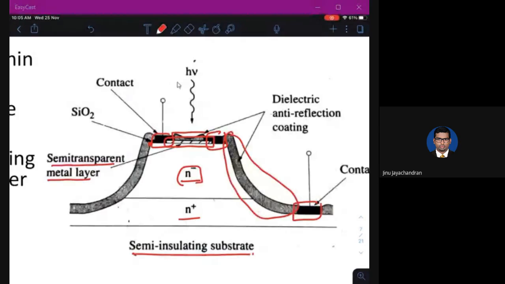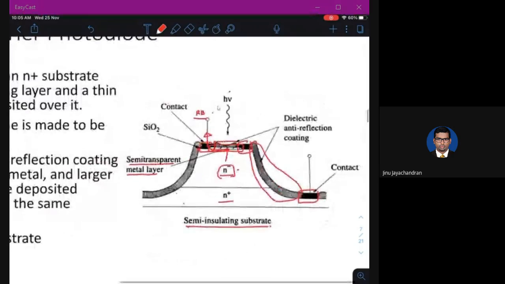Once the pair is created, after applying the reverse bias potential, the working is similar to that of other photodiodes, except that the electron from the N minus layer moves across the metal, and the metal also has a good amount of electrons created by the applied potential, which move out to the contacts. This creates a photocurrent.